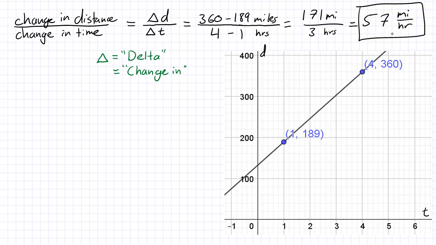Well, first of all, when we say delta t, the change in the time, is 4 minus 1 hours. Well, what happens when you take this 4 hours and you subtract 1 from it? It's like 4 minus 1. It gets you the distance between these points here.